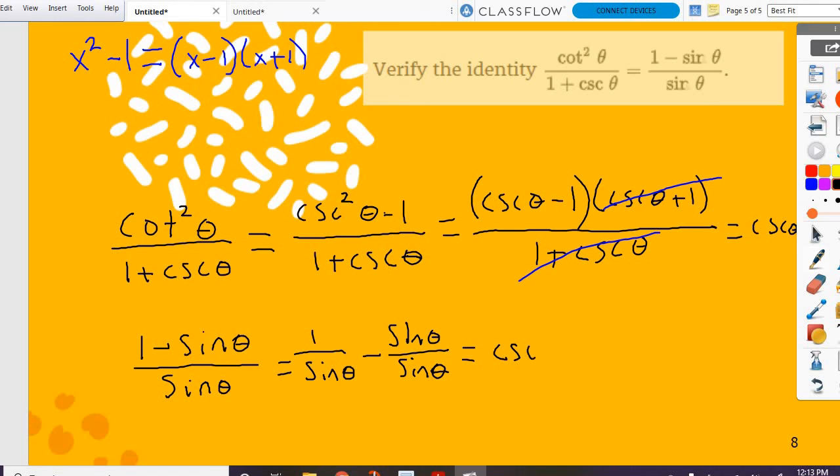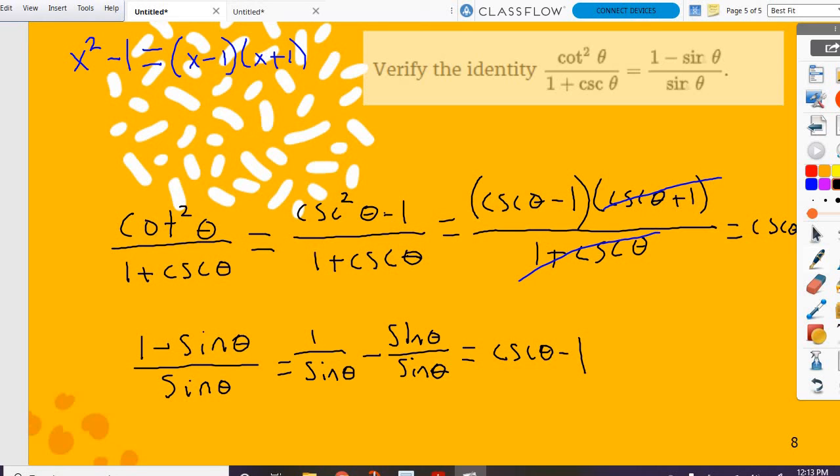Cosecant of theta. And sine divided by sine is going to give us 1. So notice that I didn't show that one side gets me to the other side, but I showed that both sides can get to the same thing. Does that make sense? It's kind of like if A equals B and B equals C, then we know that A must equal C.